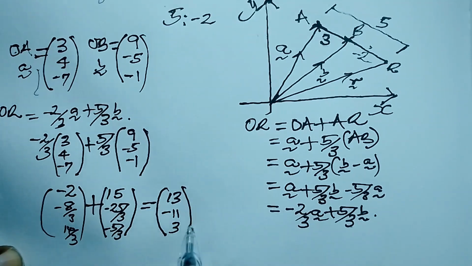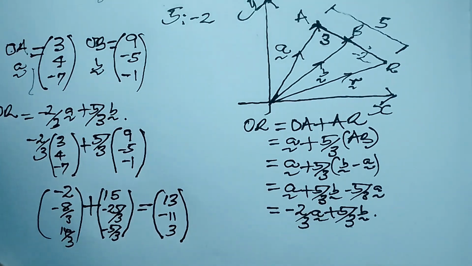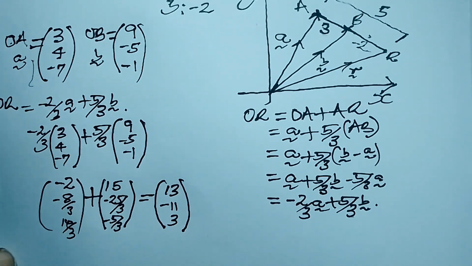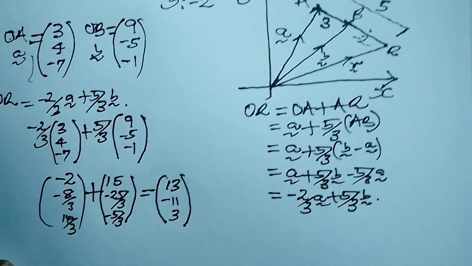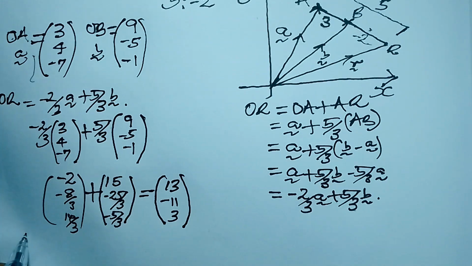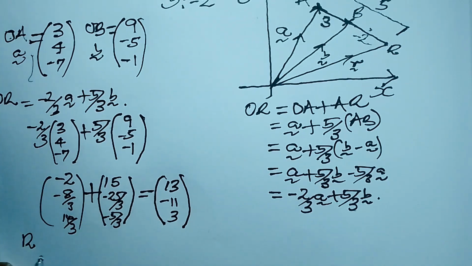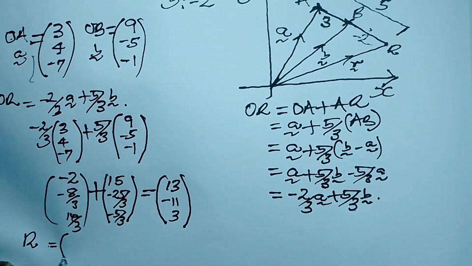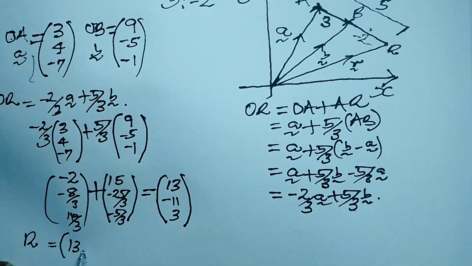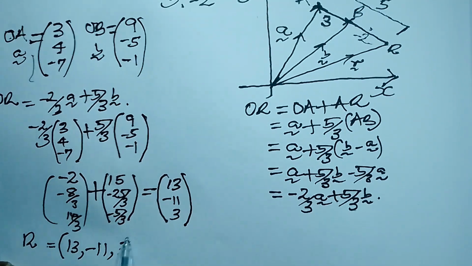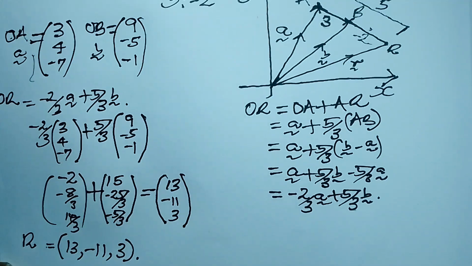So that is our column vector, but our question asks us to give the coordinates of R. So we need to give that as a coordinate, and we are going to say that the coordinate R will be given by the points (13, negative 11, 3), and that is our required solution.